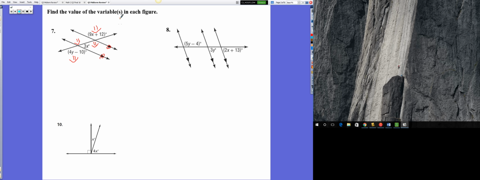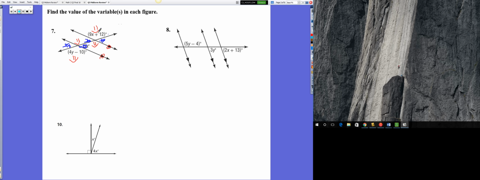Alright, so this smiley and this smiley are the same, and this star and this star are congruent, so all the smileys are the same, all the stars are the same, but the stars and the smileys all add and give you 180.